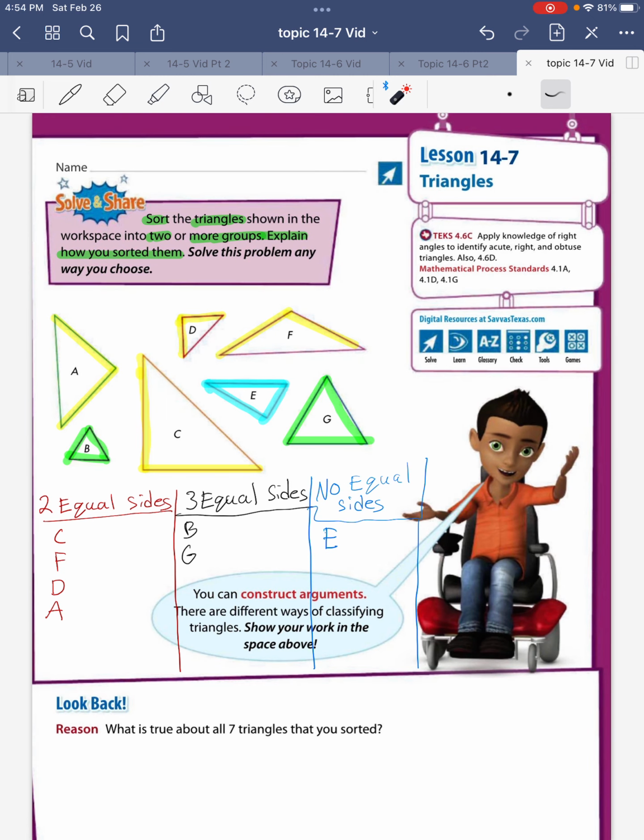I can do this a different way too. Instead of doing sides, I can say, you know what? I'm going to sort them by angles. So angles that we have learned, I'm going to put down here. We learned about a right angle.